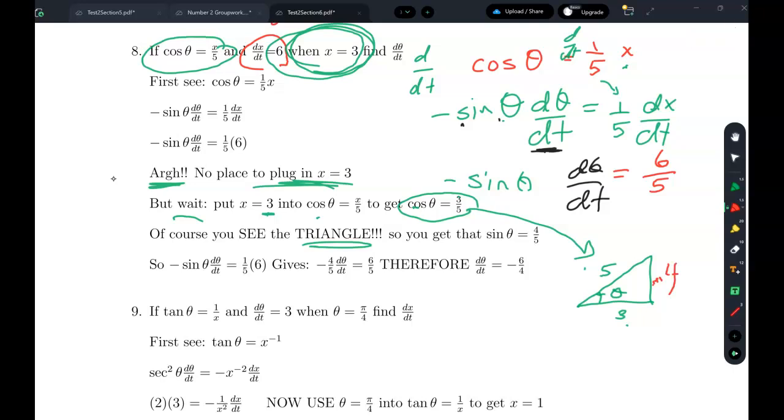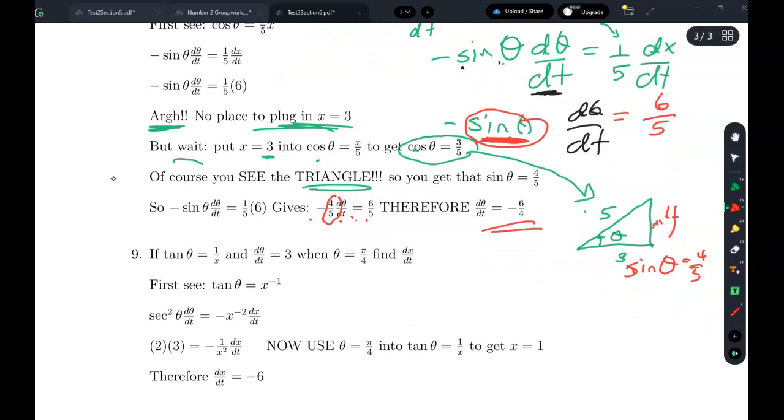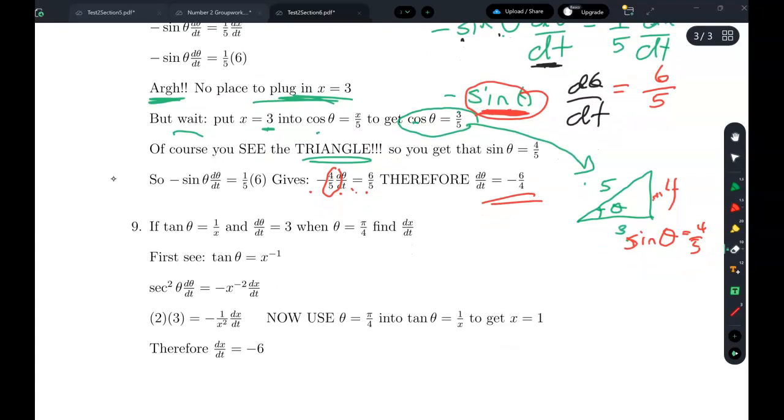Yes, 3, 4, 5 triangle. So what does that mean that sine of theta is equal to? So sine of theta is 4 over 5. So that's what I do, I take this out and put in 4 over 5, carry the negative sign along, times d theta over dt equals 6/5. Wow. And I know I can simplify that, but that's kind of okay to leave it just like that.